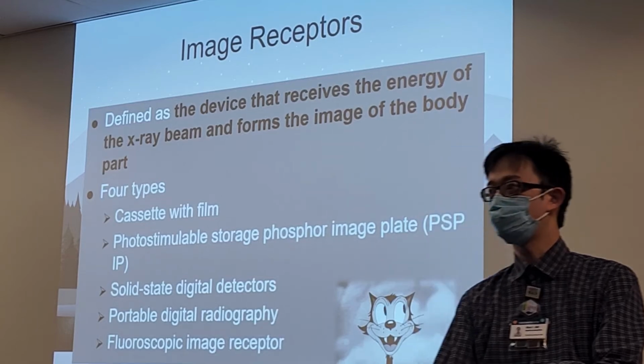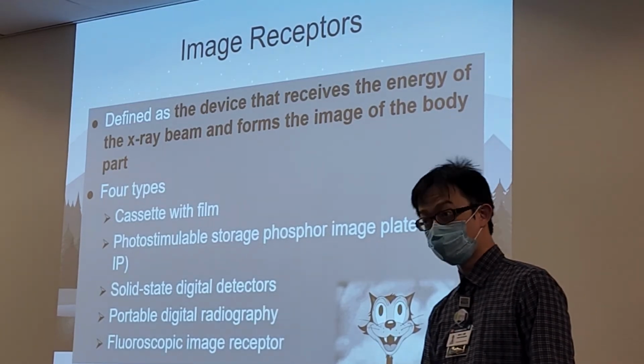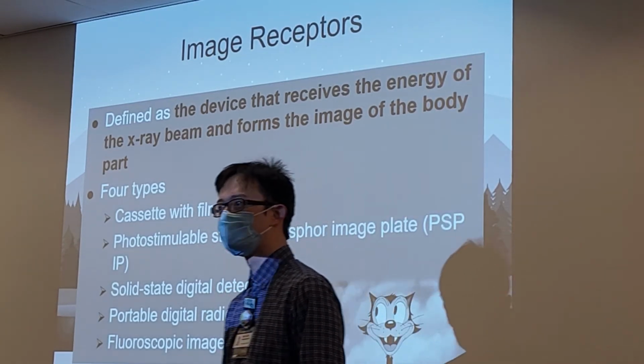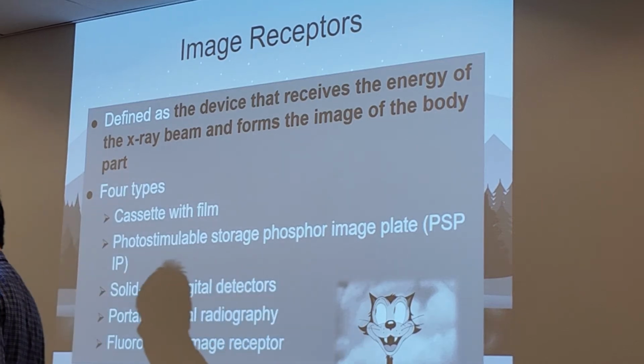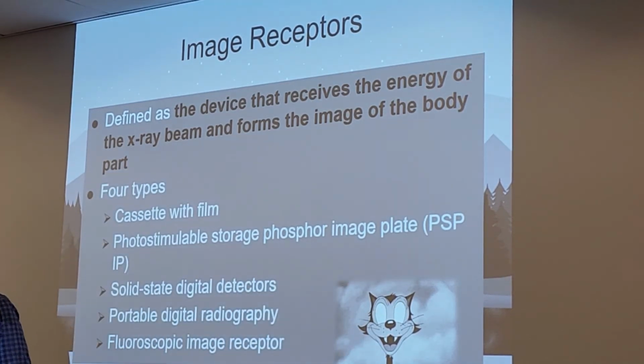Then hopefully you remember which one goes to which patient so that you can send them across properly. Nowadays, with portable digital radiography, we don't need to worry about that anymore. You just put it underneath, X-ray, it immediately goes to your machine, check your image, send it across. Wi-Fi, Bluetooth, wonderful technologies.